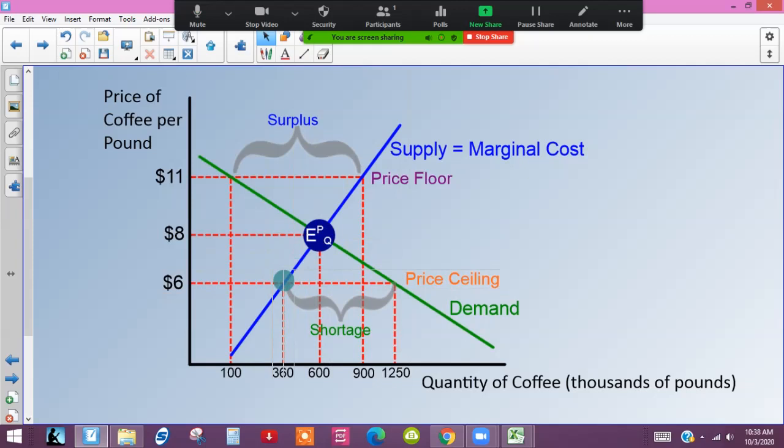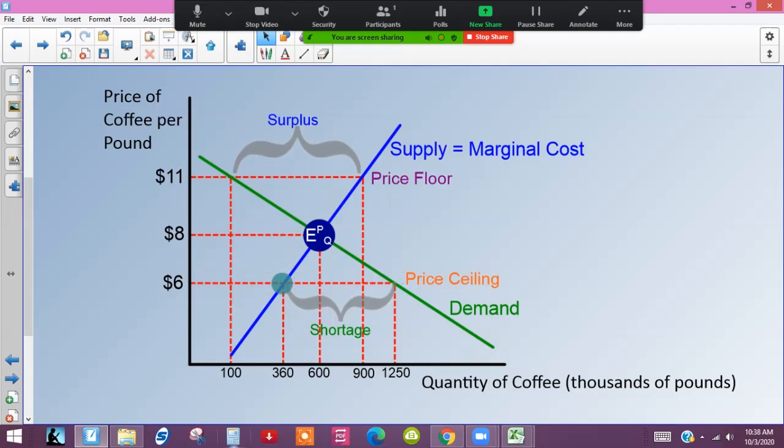And we're going to have a shortage of 1,250 minus 360, which is, let's see, 1,250, 950 minus 60, which I believe is 890.